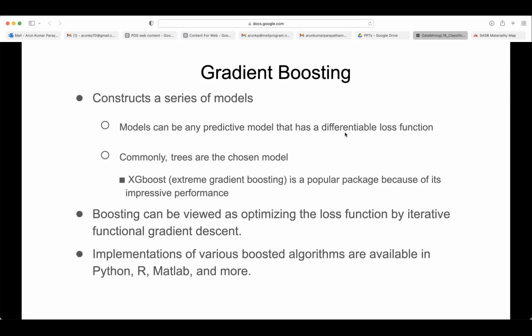Differentiability is a mathematical property; not all functions are differentiable, only some. The loss function is differentiable for logistic regression, SVMs, and neural networks. That is why we are able to use the gradient equations. Gradient involves differentiation, so all those are valid here.